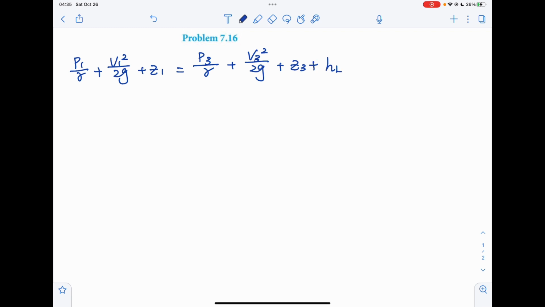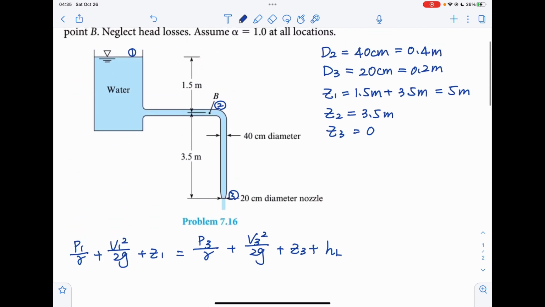From the figure we know we don't have any additional pressure at point 1, we don't have the velocity, and we're going to neglect the head losses.